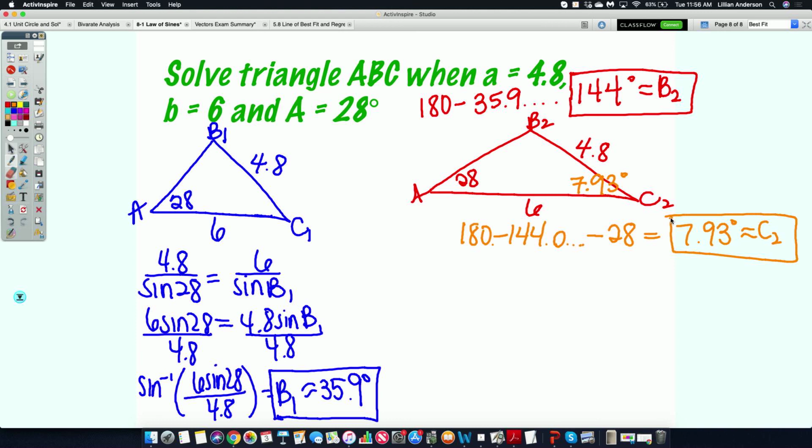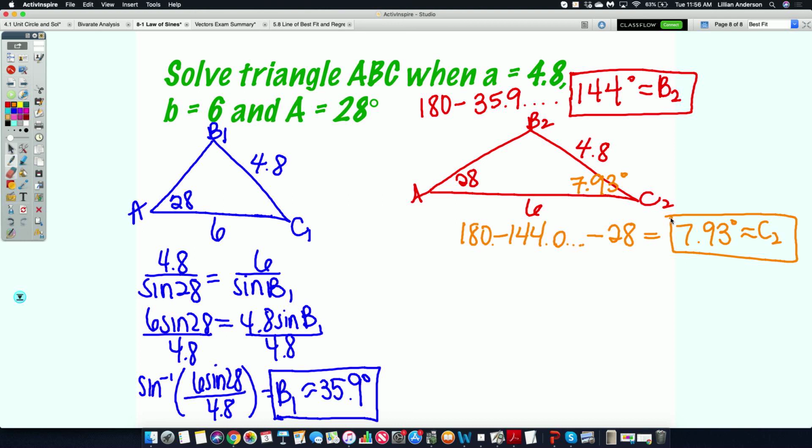So you round when you are producing the final answer, but if you have to use that answer to get another answer, you use the non-rounded answer. So when you subtract 180 minus 35.9 and whatever the rest of that decimal was, you get 144.0669 and so on.